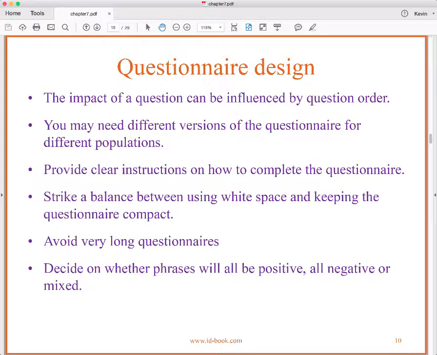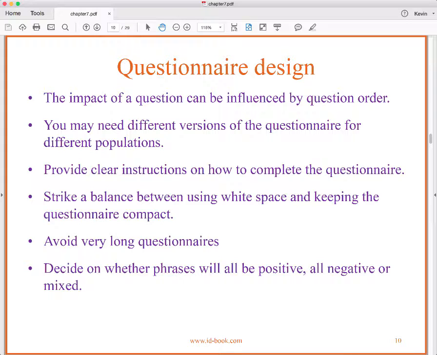So we want to provide clear instructions on how to complete the questionnaire. We want to strike a balance between using white space and keeping the questionnaire compact. And this, again, comes down to the possibilities of running a questionnaire on the web and having it have a potentially greater usability than one that we deliver on paper, right?